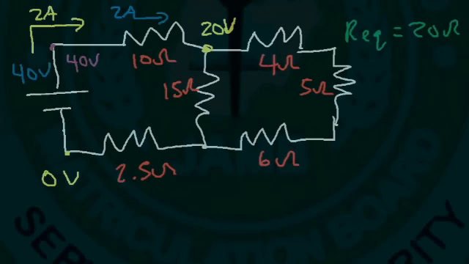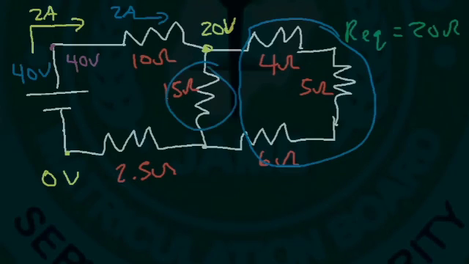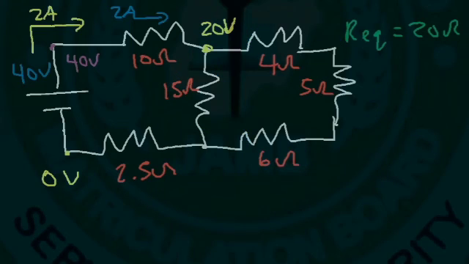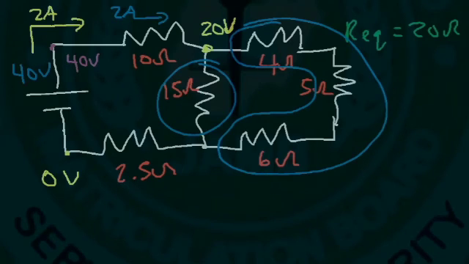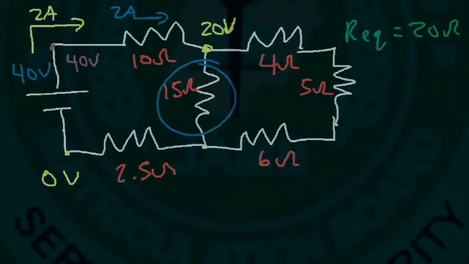Now that we have that, what is the current that flows through the 15 ohm resistor and through the 4, 5, and the 6 ohm resistor? Keep in mind, these three resistors had a value of 15, which is equivalent to 15 as well. Therefore, because this section and this section have the same resistance, the current that flows through those two sections is the same.